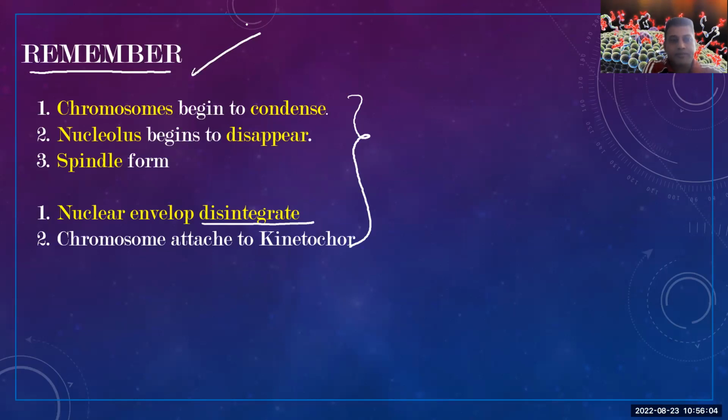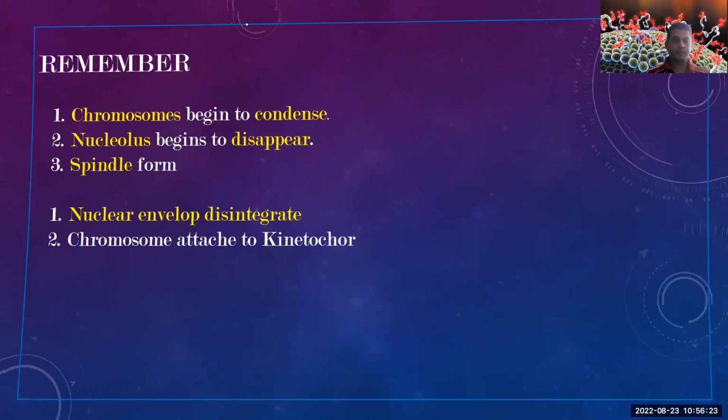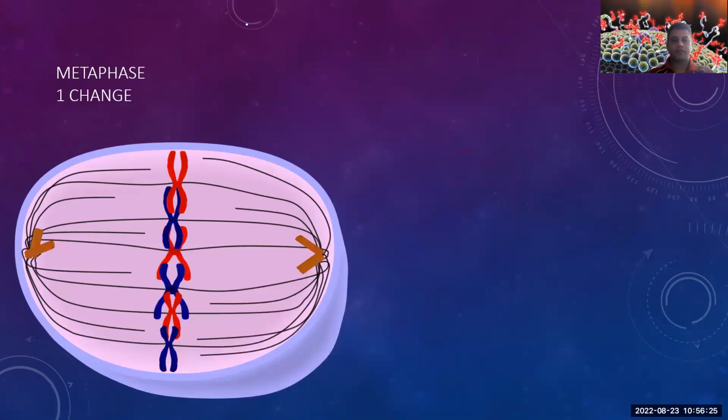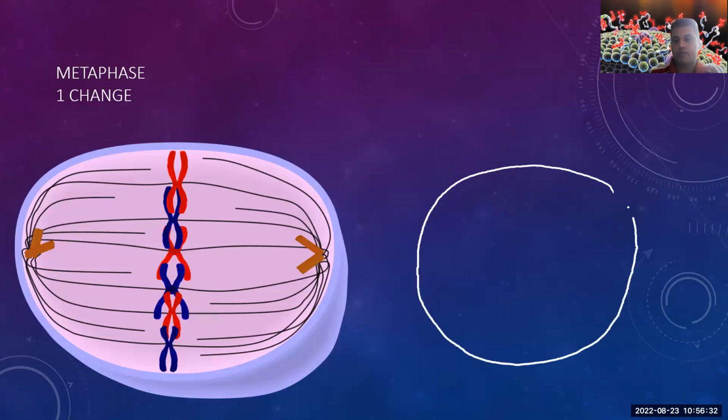After prophase, what is next? If you remember from earlier, the next is metaphase. So metaphase is the next phase. Now, what will happen in metaphase is like this. We can see the arrangement in this picture: everything is now organized in the middle.